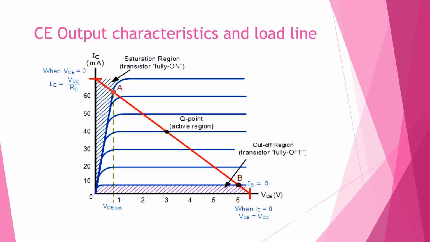It will take these values of IC and VCE. For an amplifier it can be a Q point in the active region. At cutoff, when IB is equal to 0, this will be the point. When IC is maximum, this will be the VCE value, that is VCE sat, and this will be the IC value, that is IC sat.